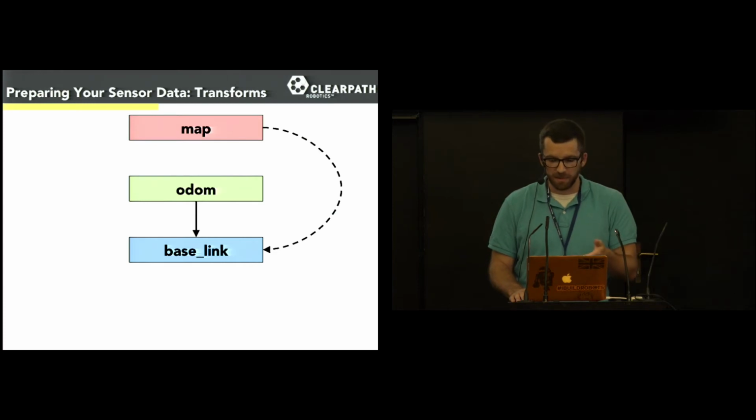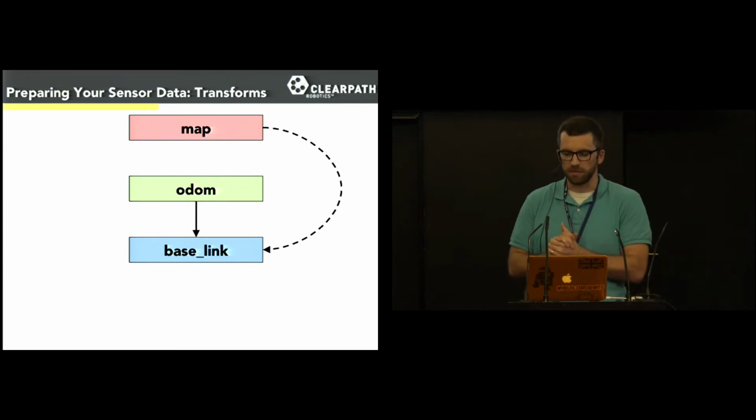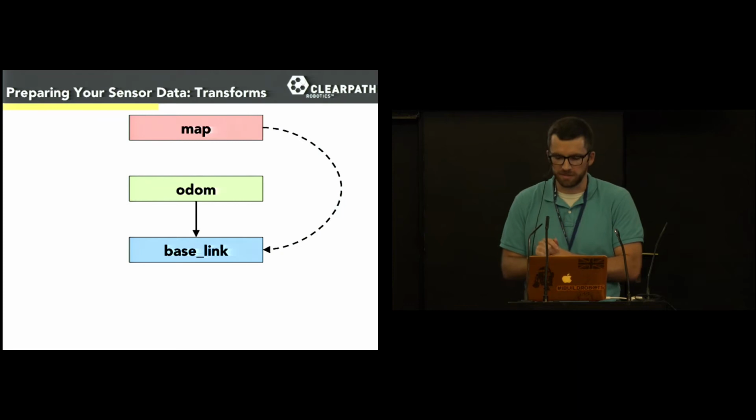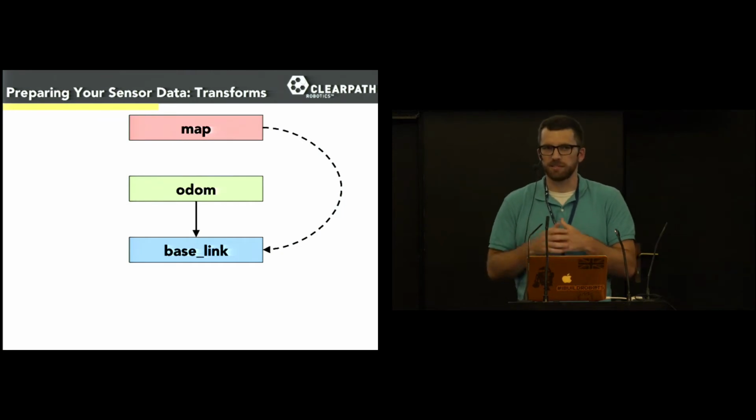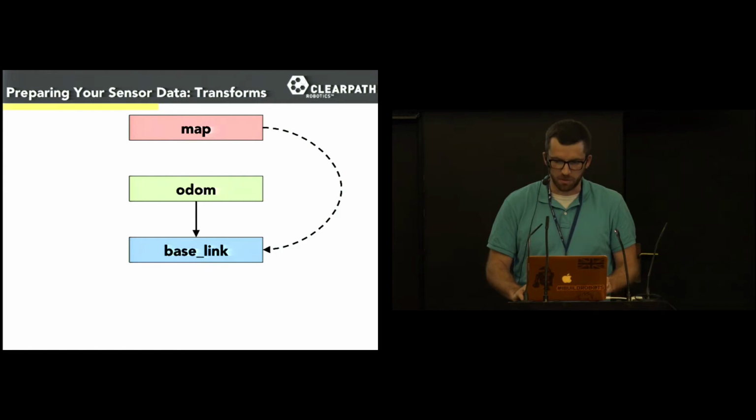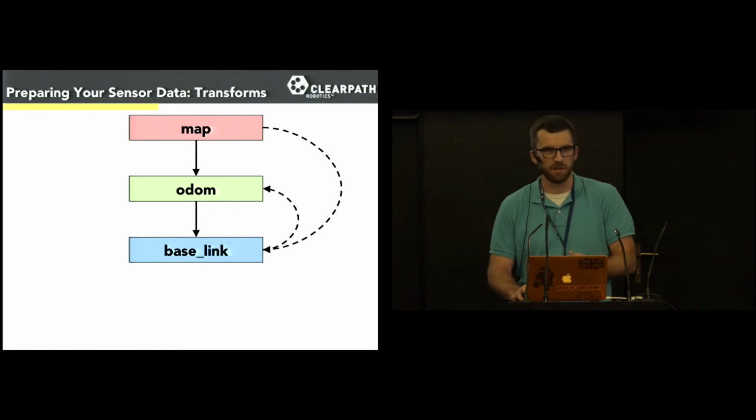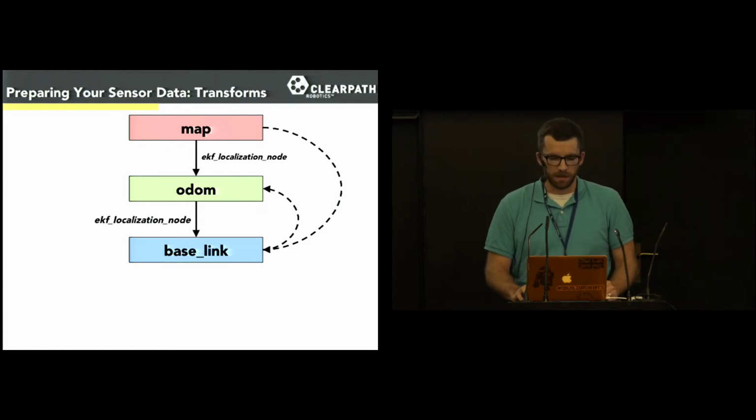If you set it to map, internally, we also generate this map to base_link transform, but TF, because it's a tree, does not allow you to have two parents for a given node. So you need to take your internal transform from map to base_link and look up the transform from odom to base_link and use that to generate a map to odom transform. So the filters can handle both of these.